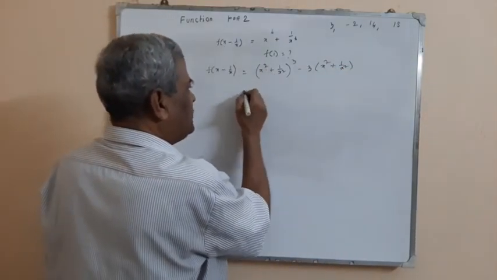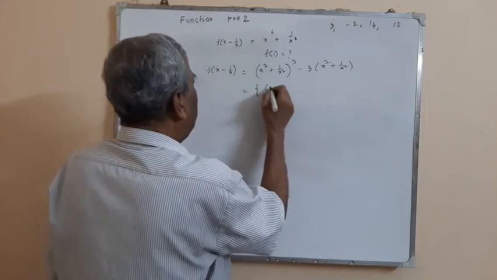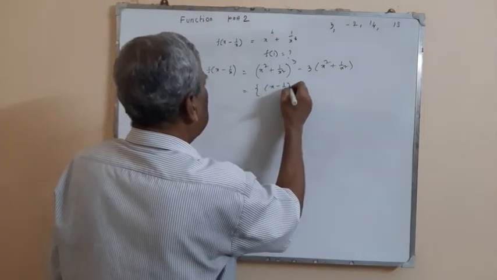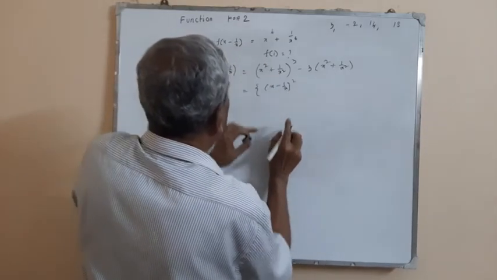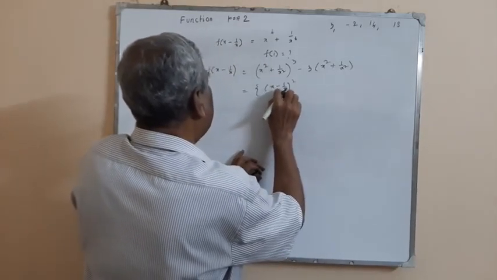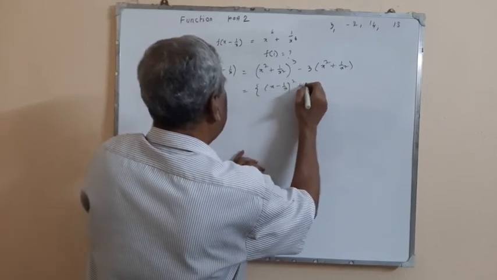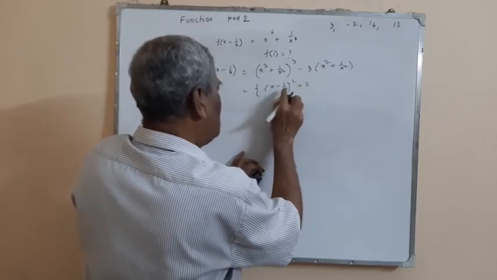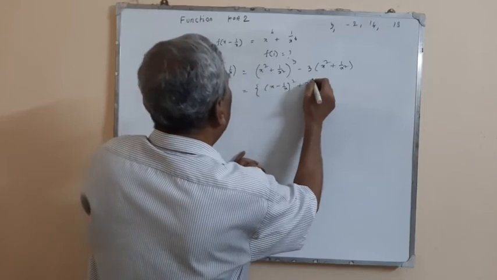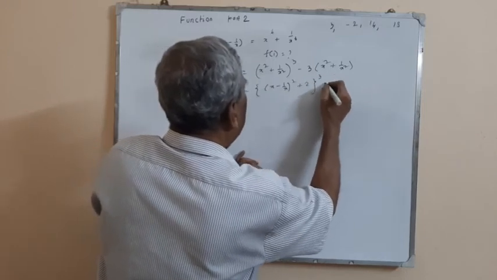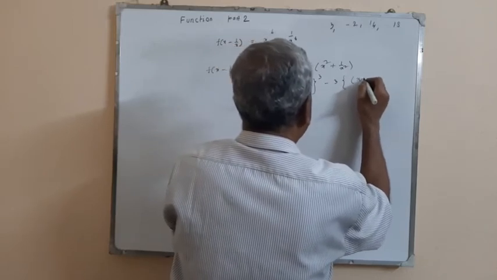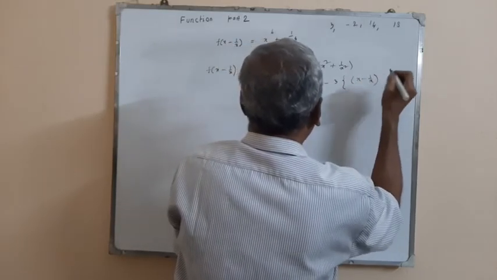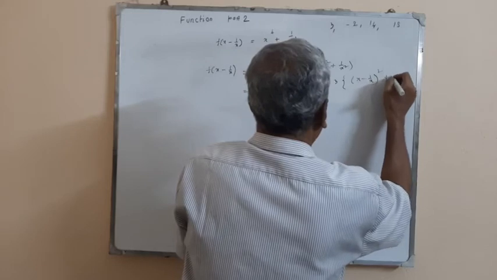This can be written as x minus 1 by x whole square plus 2, whole cube, minus 3 into, by the same way, x minus 1 by x whole square plus 2.